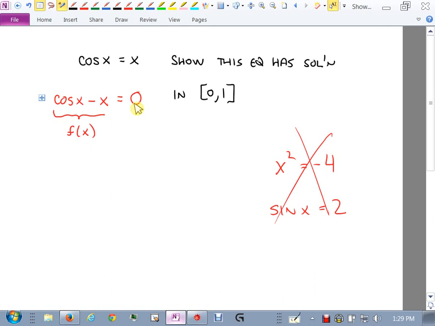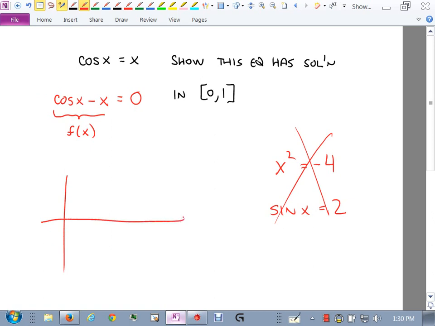Other way. X-intercepts, right? I don't know if you remember, whenever you're trying to find the x-intercepts of a parabola or a polynomial, we said set the function equal to 0. Well, what I've done is I've moved this over, so I've created something that looks like a function set equal to 0, right? Yes?